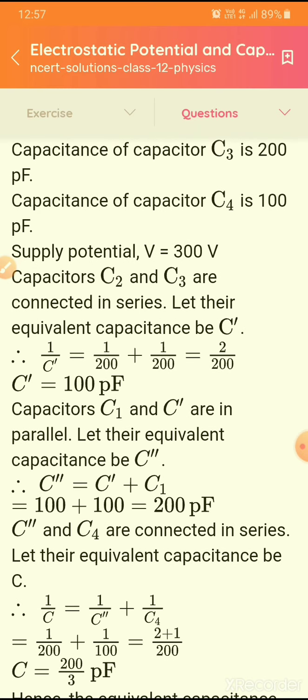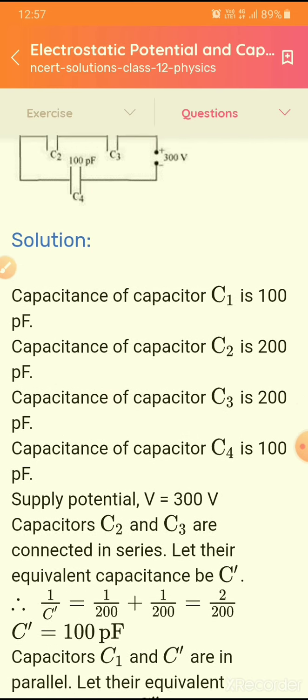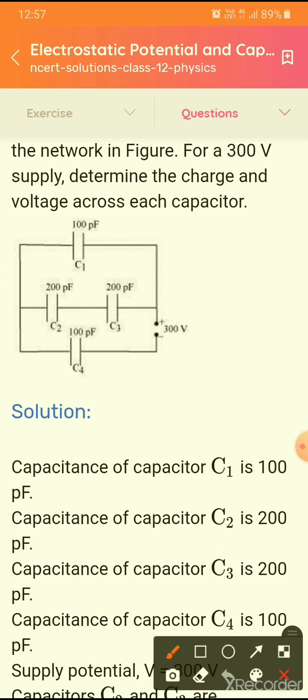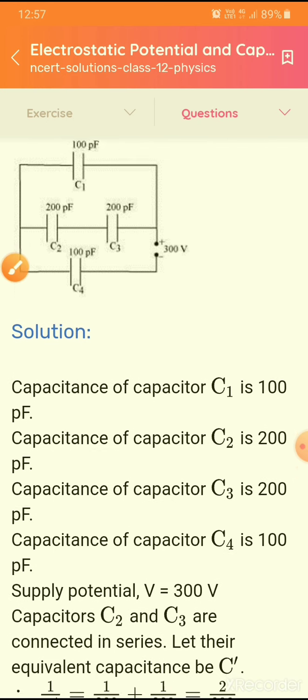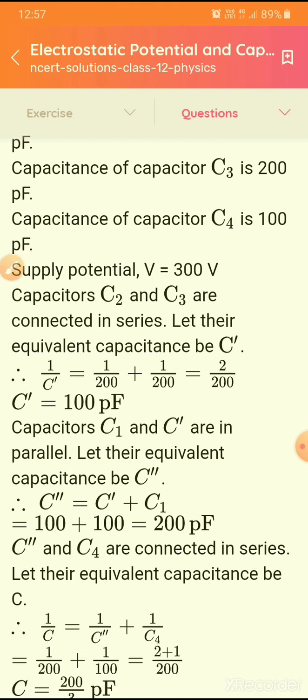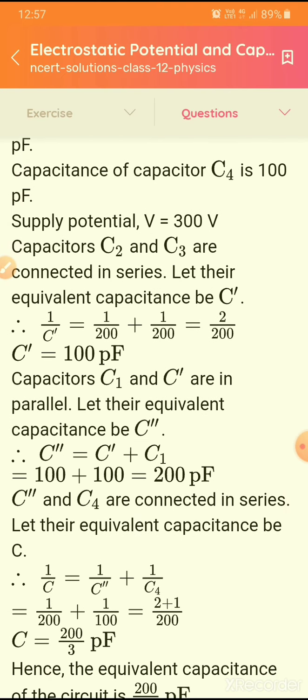Capacitor C1 and C dash are in parallel. After combining C2 and C3 in series, the combination becomes parallel to the capacitor C1. So C1 and C dash are parallel, and their equivalent capacitance is C2 dash. So C2 dash is equal to C dash plus C1.